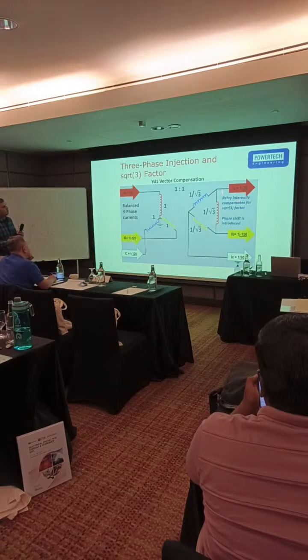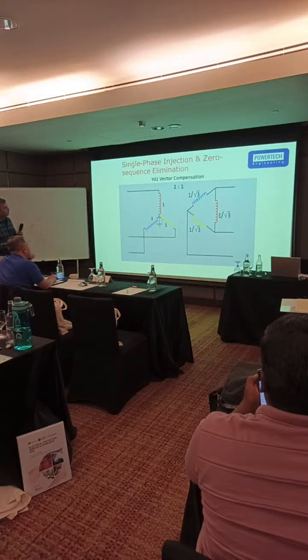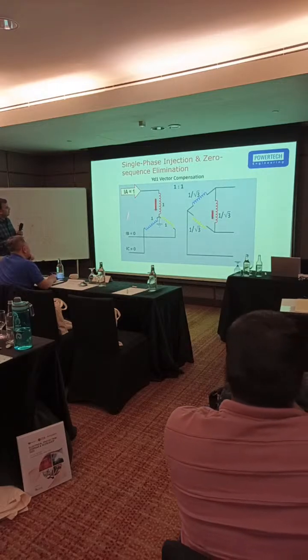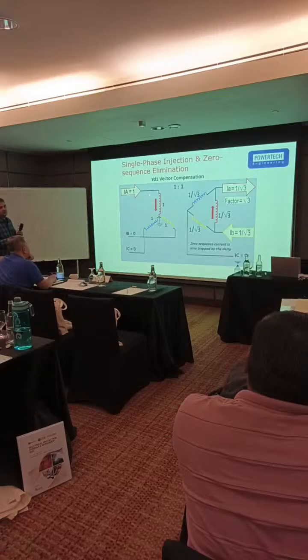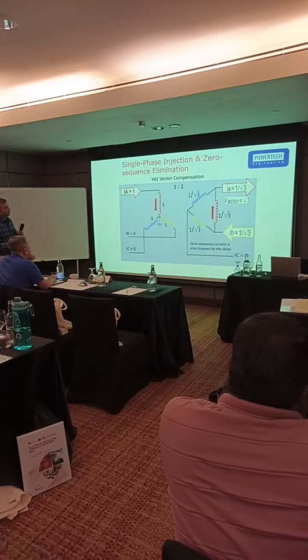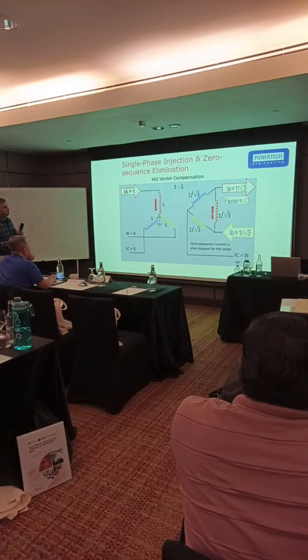So here the square root factor is computed. Now if we are injecting 1 ampere in one winding, it will be injected in two phases on the other side.